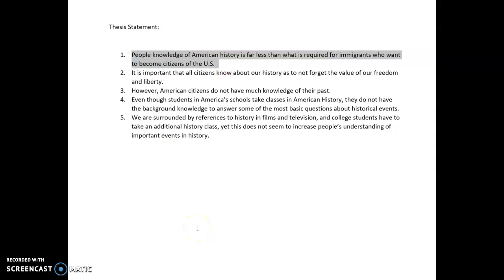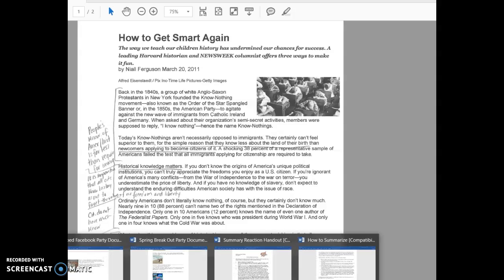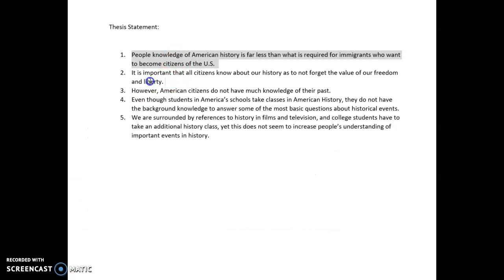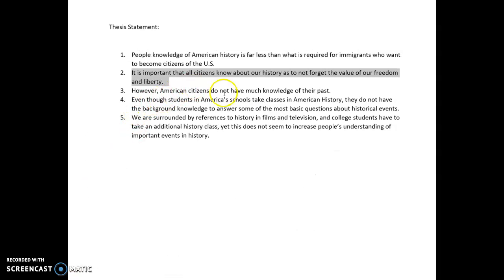I just copied what I wrote in the margin next to number 1. Then I find the second thing that I wrote in the margin, and that becomes number 2 on my outline. And then I find the third thing, and that becomes number 3, and so on and so forth.